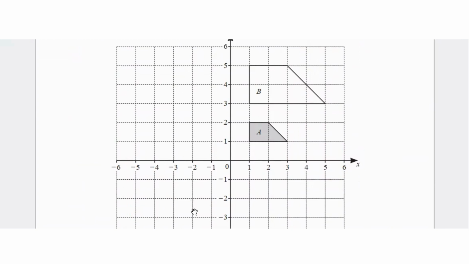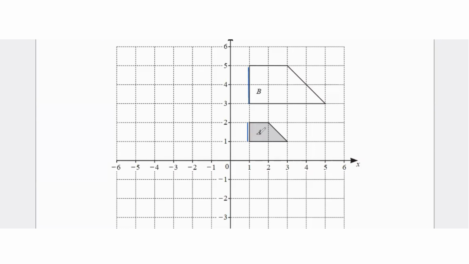So shape B is an enlarged version of shape A. Now to figure out the scale factor, if I compare this side with this one, I can see that that side is 2 times bigger, which means the scale factor is going to be 2.